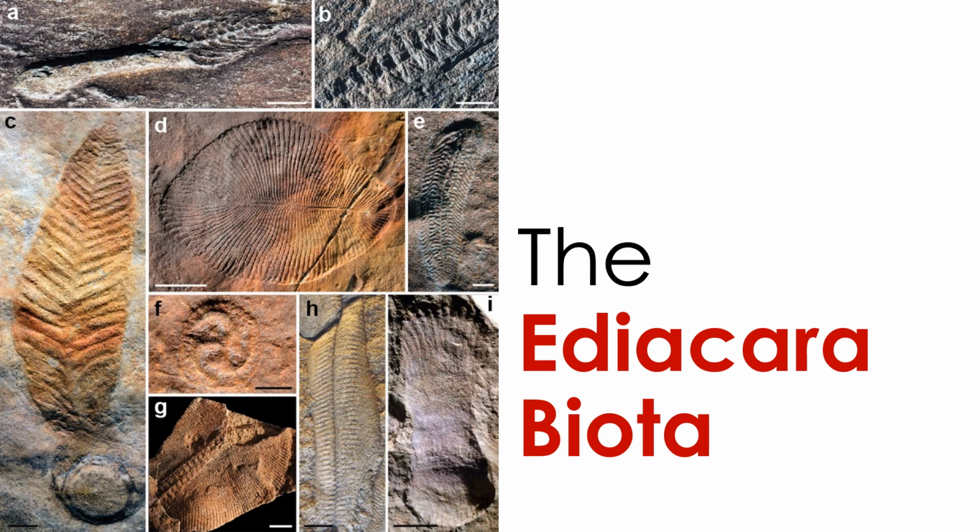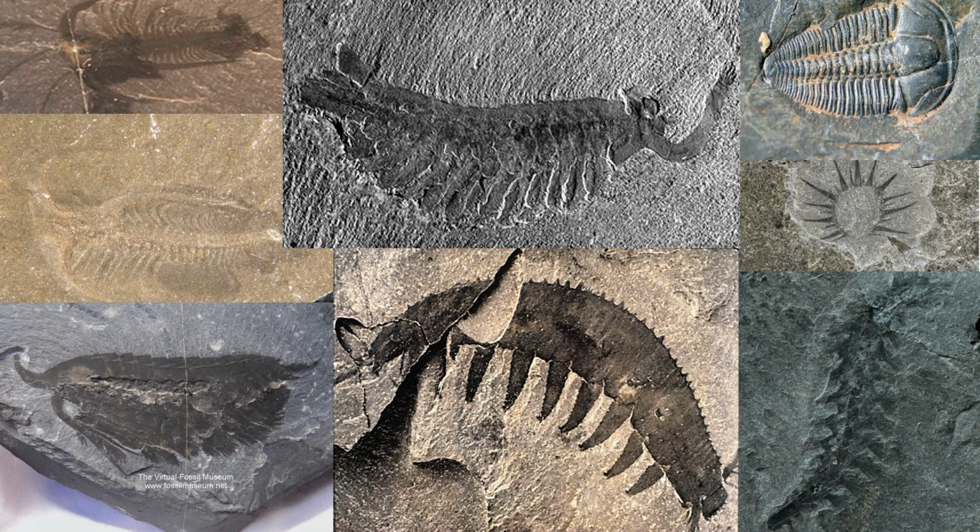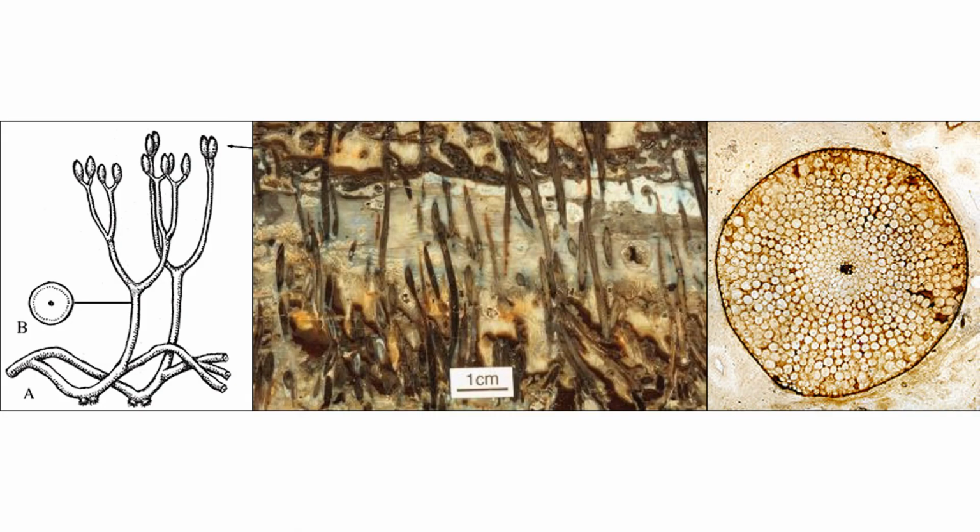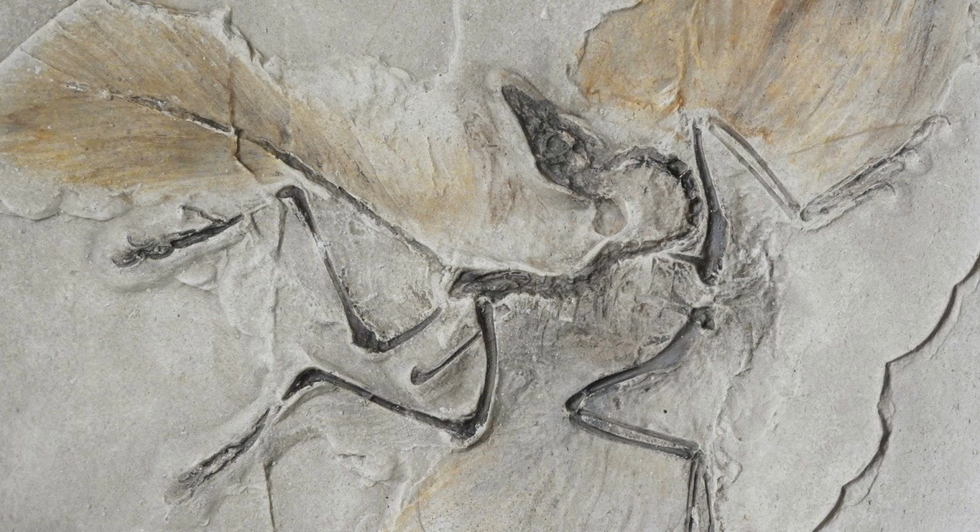The rise of animals and the Ediacarobiota in the Ediacaran period. The diversification of animal life during the Cambrian explosion. The evolution of life on land for the first time in Earth history during the early Paleozoic. And the origin of feathered dinosaurs and birds in the Mesozoic. Thank goodness for Lagerstätten.